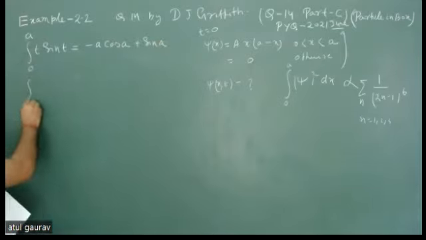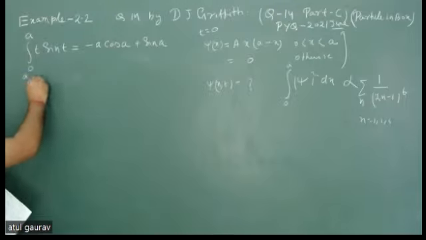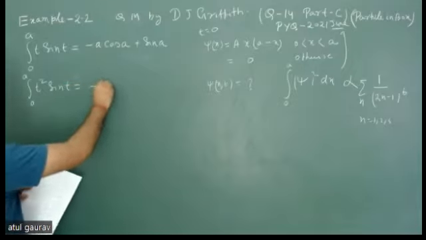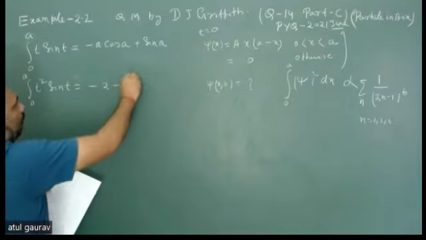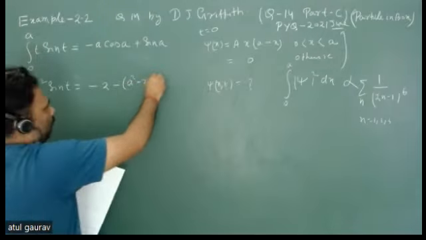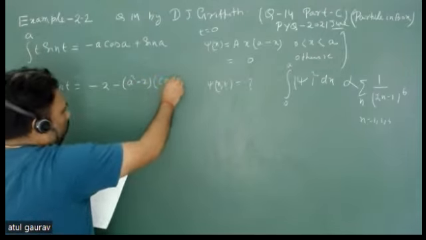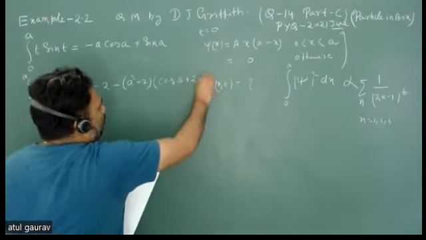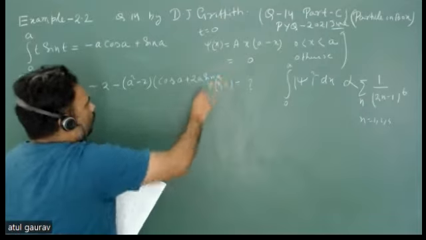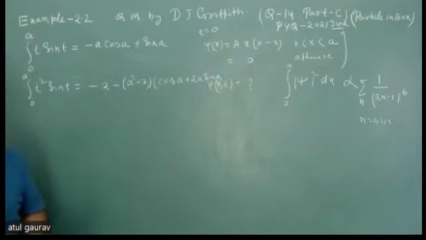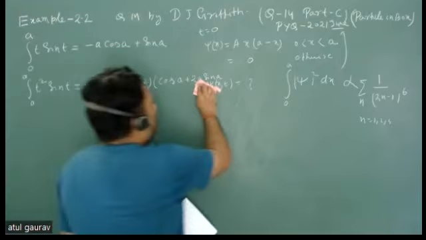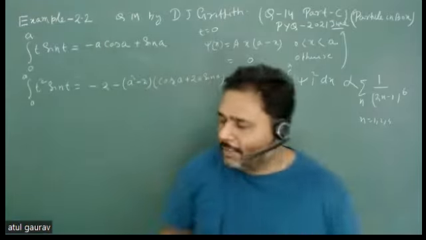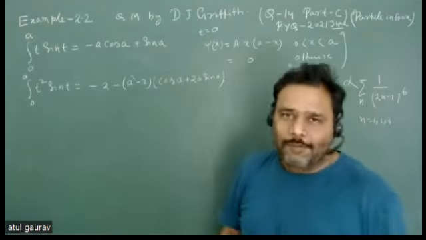The second formula is the integral from 0 to a of t squared sine t, which is minus a squared minus 2, times cos a, plus 2a sine a. We can use this space throughout. This is the formula we have to use, because if they do not give it in the examination, it will take at least 1 hour to solve this.